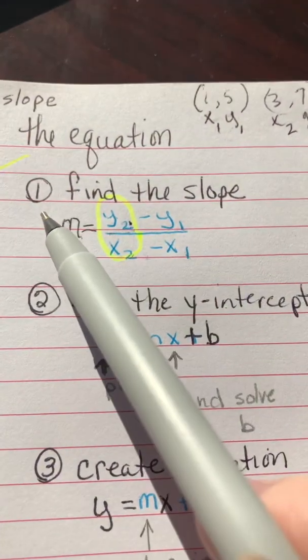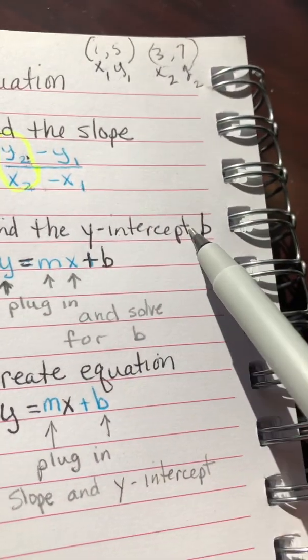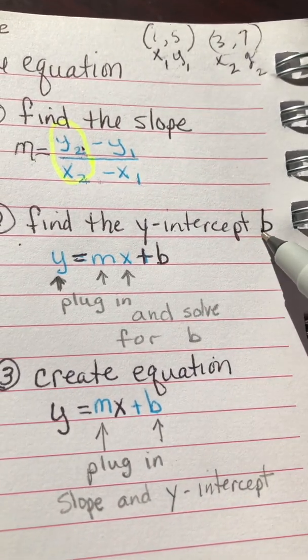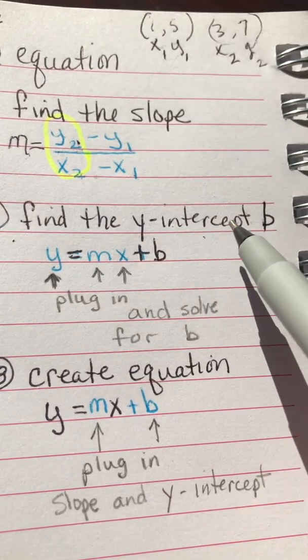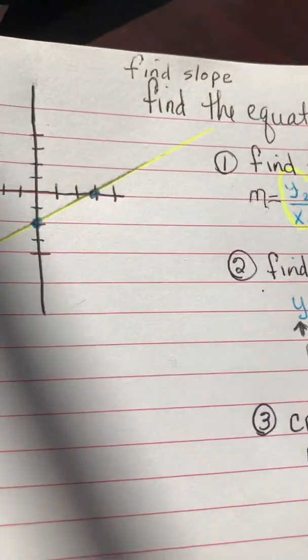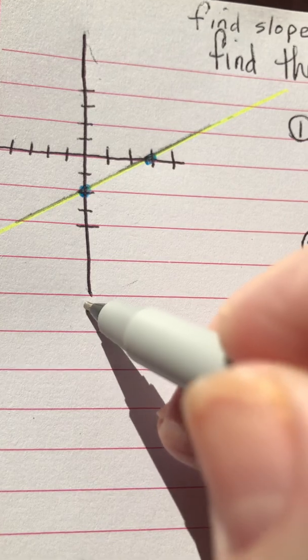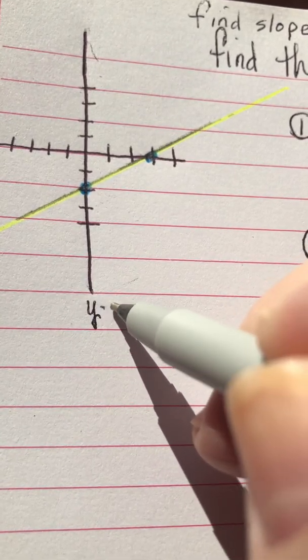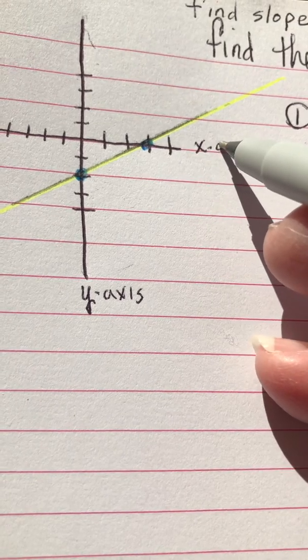Okay, so now, after you find the slope of the line, the second step is to find the y-intercept, which is known as b. We know slope is m, but the y-intercept is known as b. And what a y-intercept is, it's where a line is touching the y-axis, because the up and down axis is the y-axis, and the left to right is the x-axis.